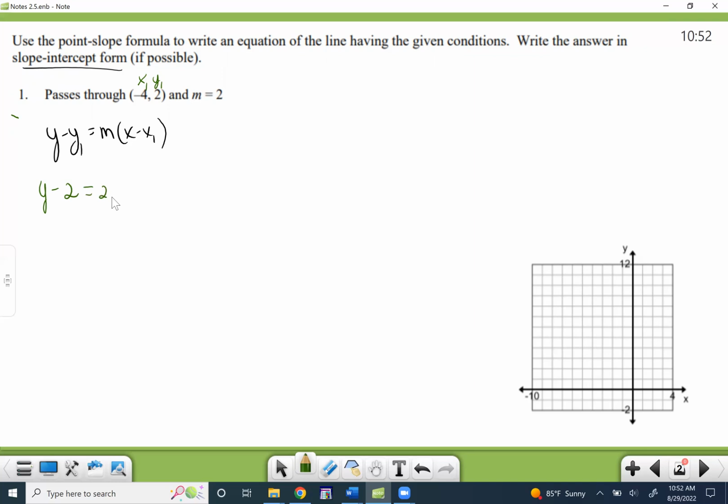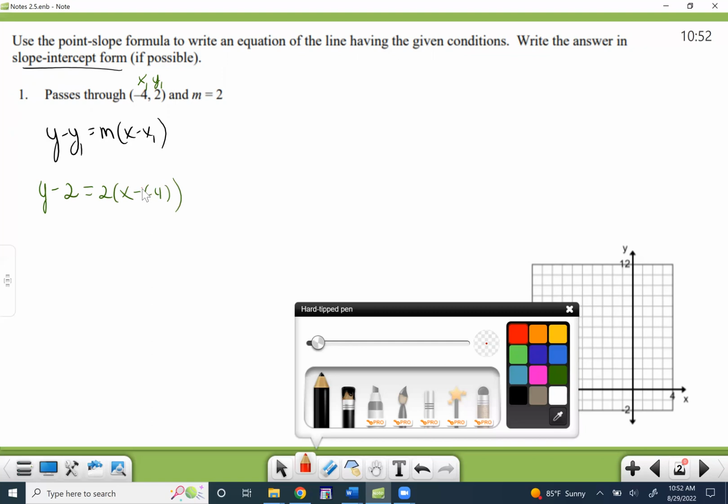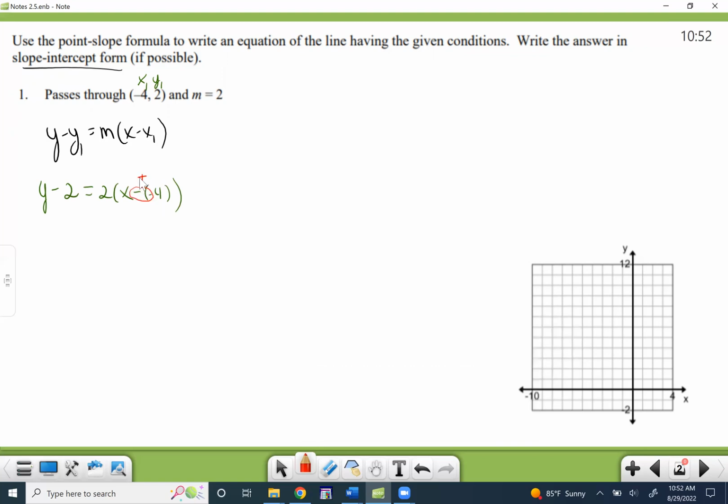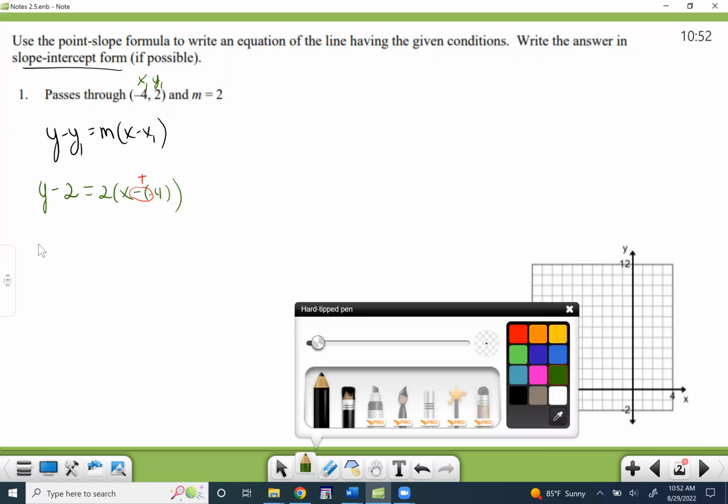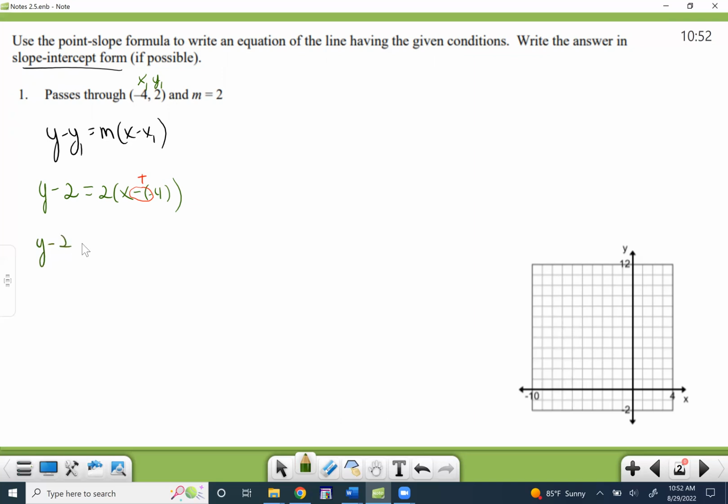We said the slope was 2. And we're going to put -4 for the x1, which gives us 2 negatives, right? We already know if we have 2 negatives in a row like this, that's going to become a plus, right? So we have y minus 2 equals 2 parentheses x plus 4.